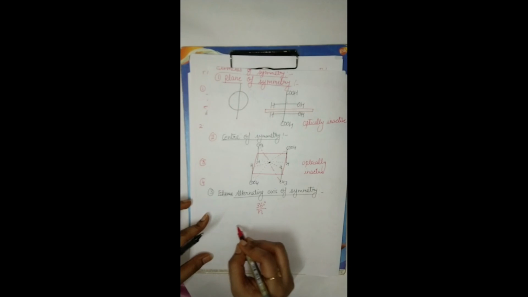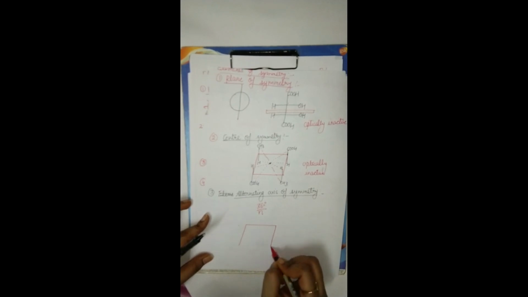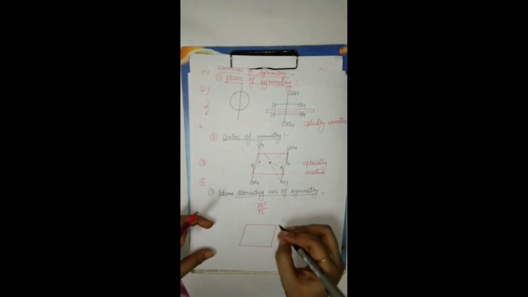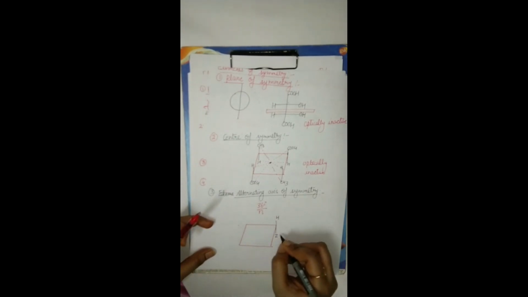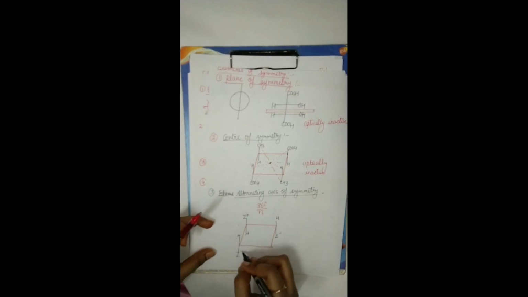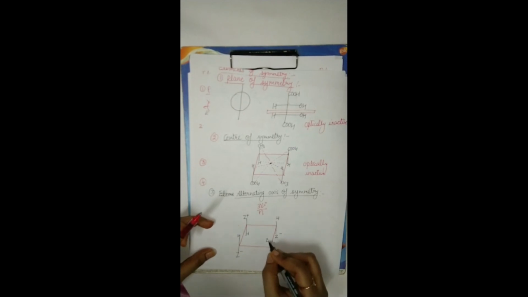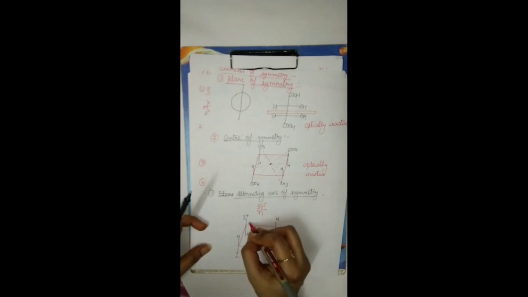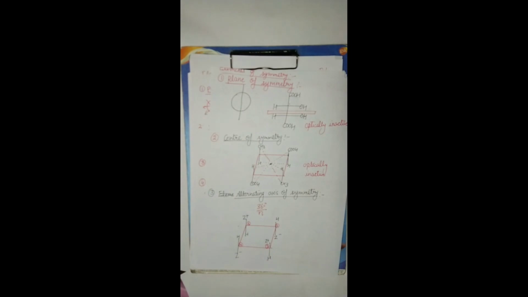I am taking one example. If this molecule is rotated from 0 degree to 360 degree, then we will get the same molecule.